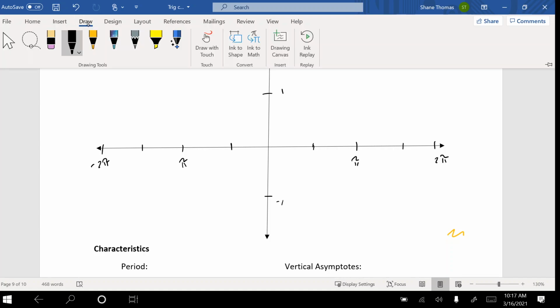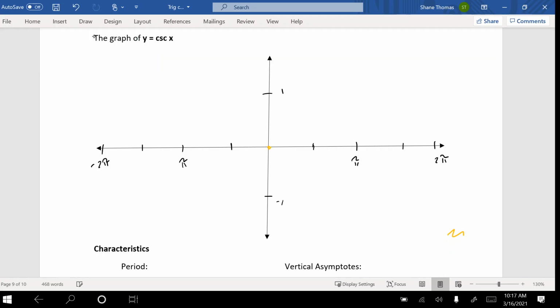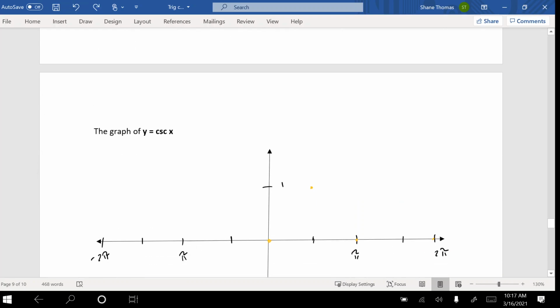All right, so now we'll bring out the yellow one. So my sine would be here, here, here, here, here.